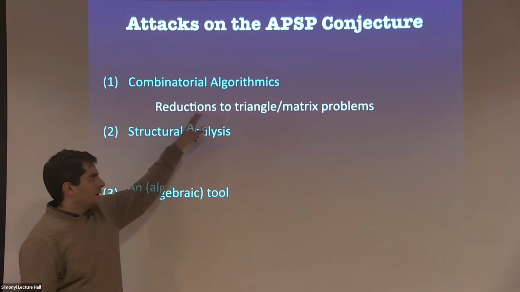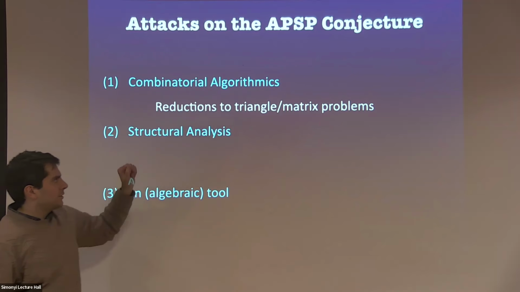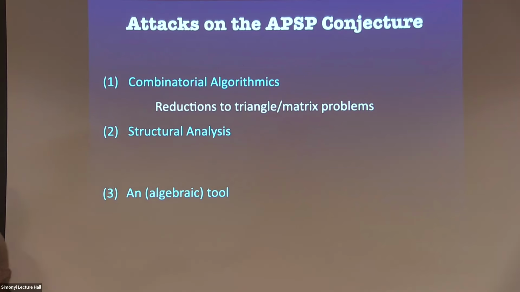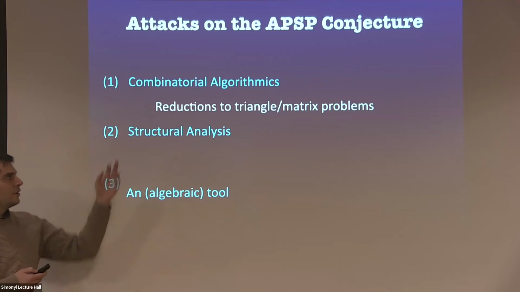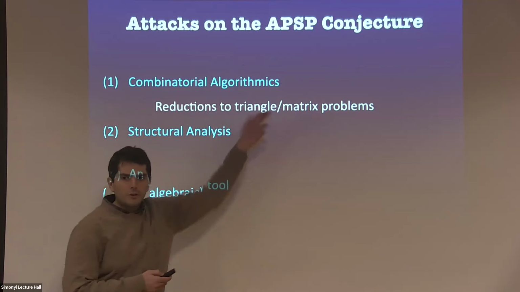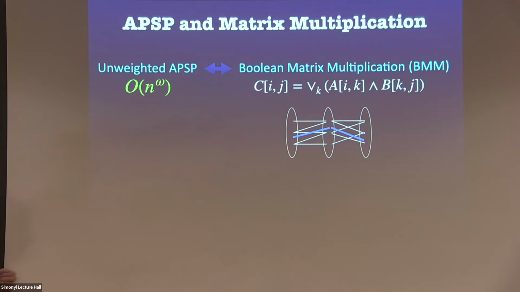Some of the work here has been done for us. Specifically, APSP has been studied a lot and we know a lot. This is great work allowing us to focus on just the triangle or matrix problem. So let me explain what I mean.